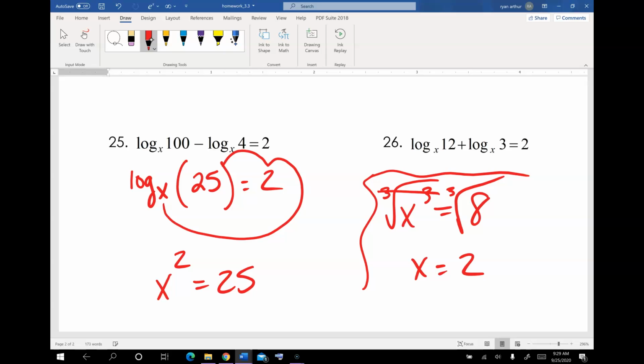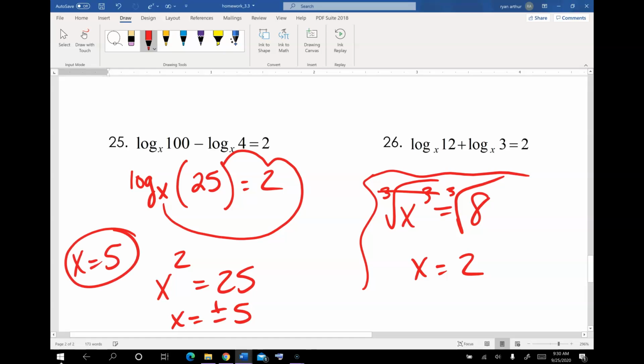Okay, and the cube root is in Desmos, so you can use it. But here I know that x equals plus or minus 5. Now, you can't have a negative base, and so just like you can't take the log of a negative number, you can't have a negative base. So this is only going to be x equals positive 5, okay? All right, let's do another one like that.